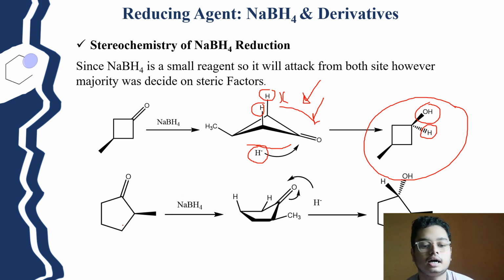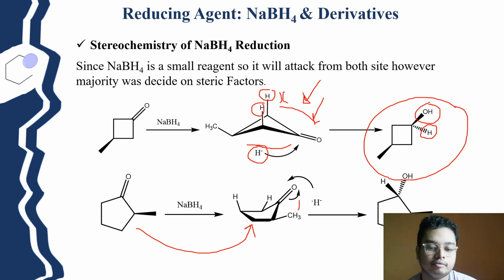Similarly, in the case of a cyclopentanone type of structure, as you already know, I hope, the cyclopentanone will stay in the open envelope form. Here, if the hydride goes from this particular side, it will face steric hindrance due to this methyl group, and that's why the hydride will prefer to attack from the upper side to keep this OH in the lower region.